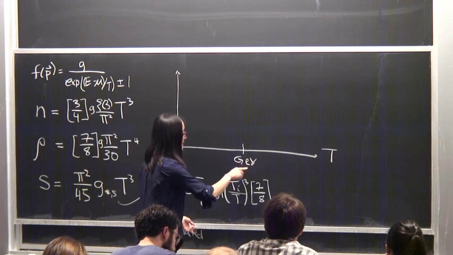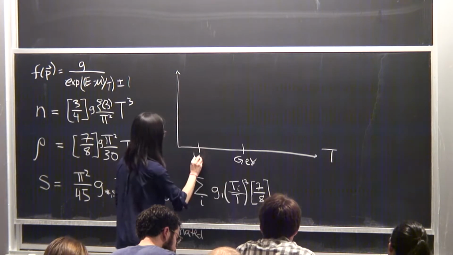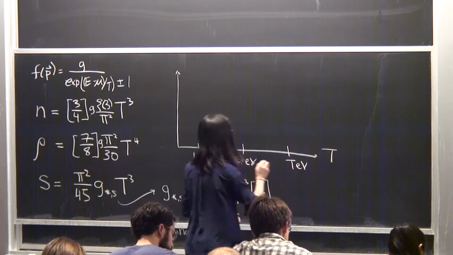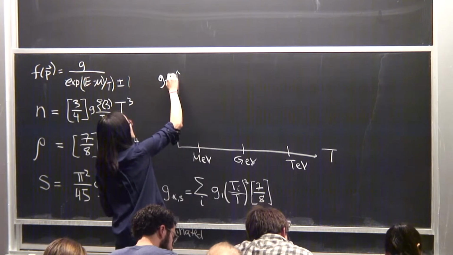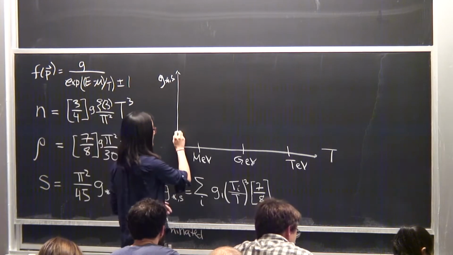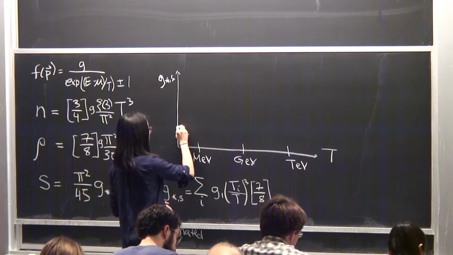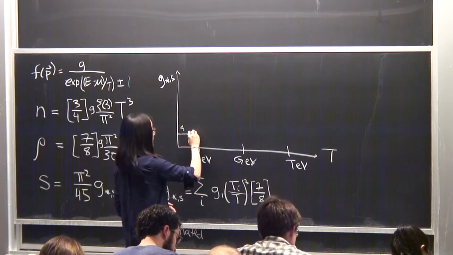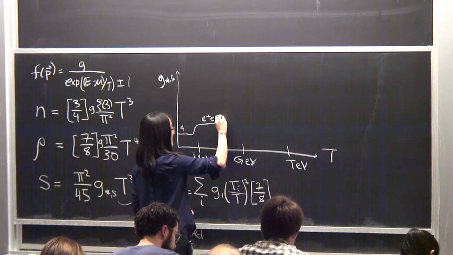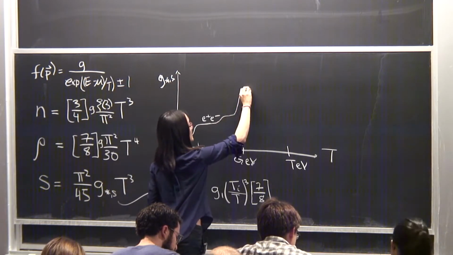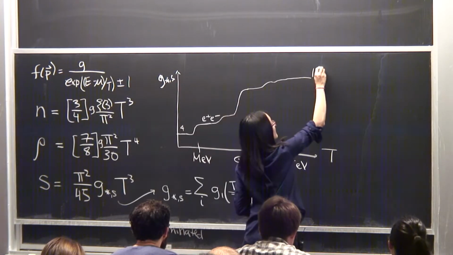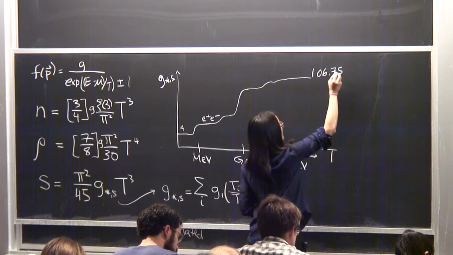This is GeV, MeV, and somewhere up here, TeV. As we look back in time, we have more and more degrees of freedom in equilibrium. We start somewhere here, where the quantity is around 4. At around an MeV, we have e plus e minus, some muons, pions and so on. At the QCD phase transition we get a big bump, and then more small bumps up here. The final value is about this.